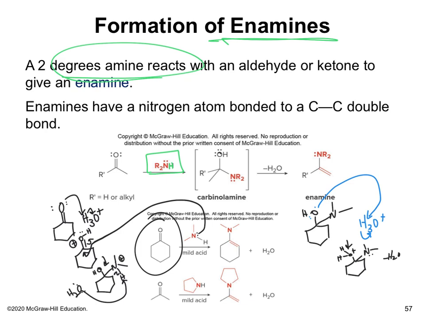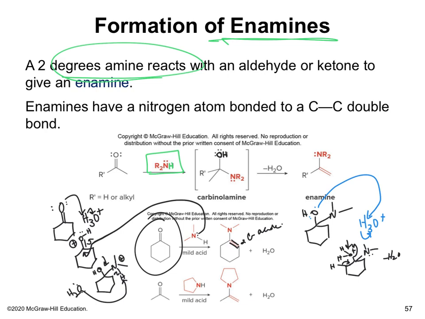And so we're going to lose the OH here. You actually lose the alpha hydrogen, so it's these electrons that push here. And the reason why you lose that is because this alpha carbon is somewhat acidic.